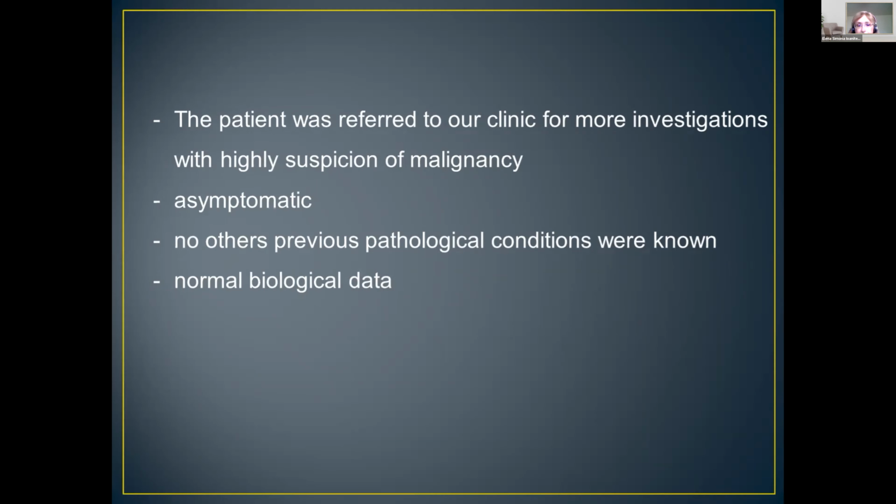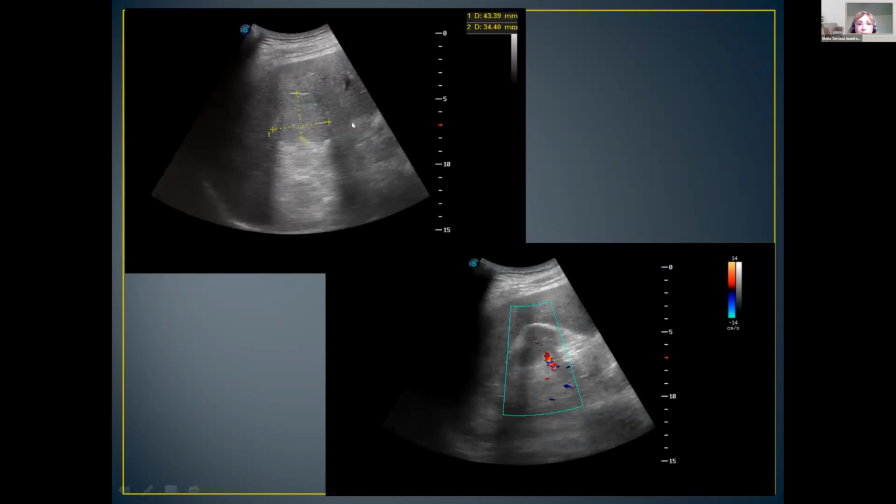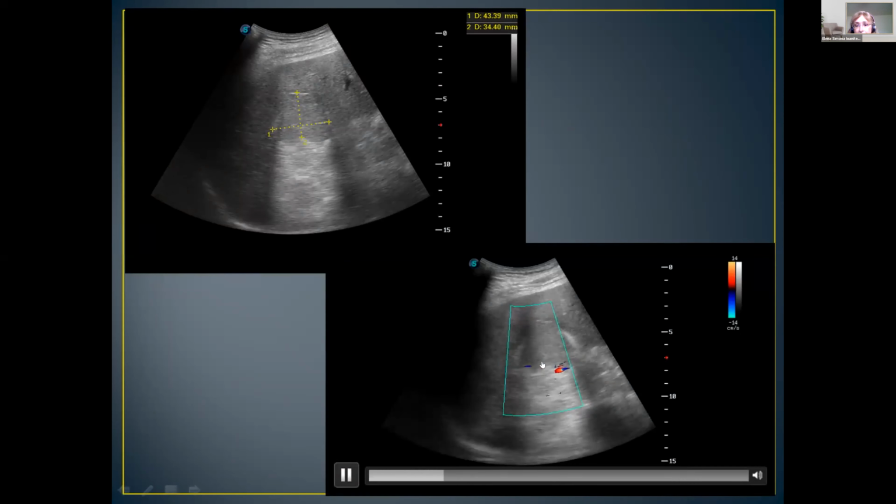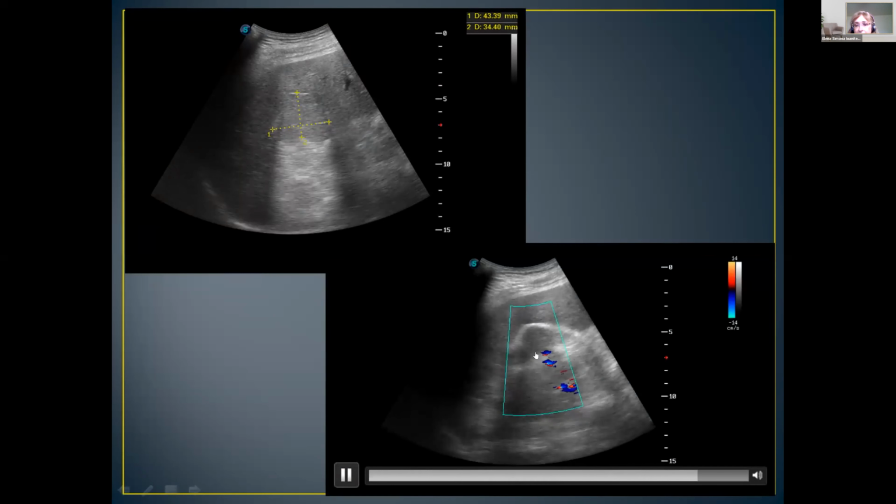So we can see the images. This is the liver. This was the lesion. This was the feeding artery of the lesion.